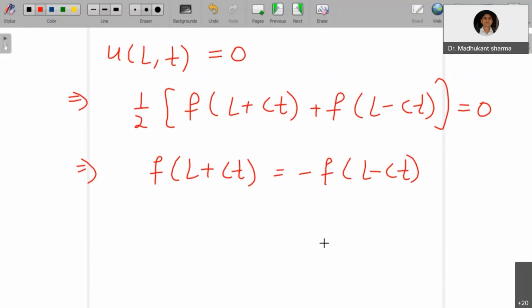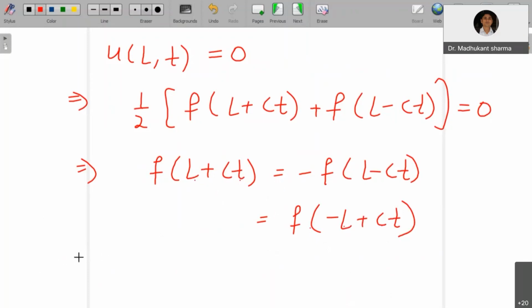Now, since f is odd, you can use that fact. So this is equal to f of minus L plus ct. Now, this implies f of L plus ct is equal to f of minus L plus ct.